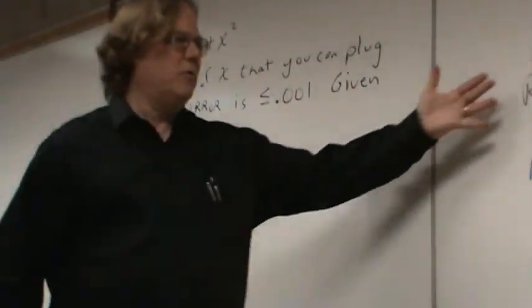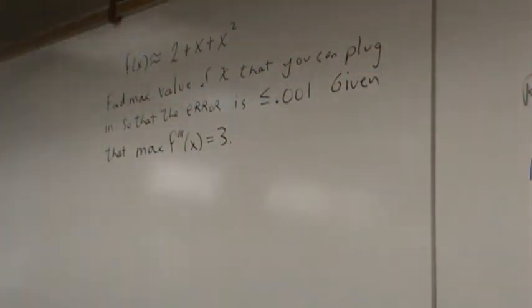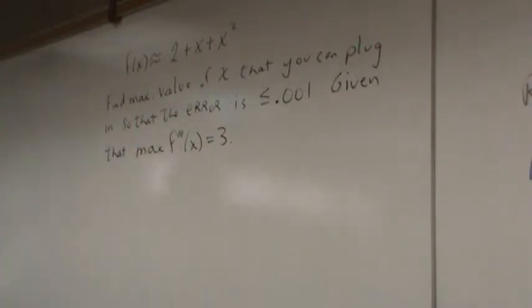So you guys are just plugging into this, except you don't have to find the maximum value of the third derivative. They just came right out and told you. And you don't know what x is, but you know what the error is.